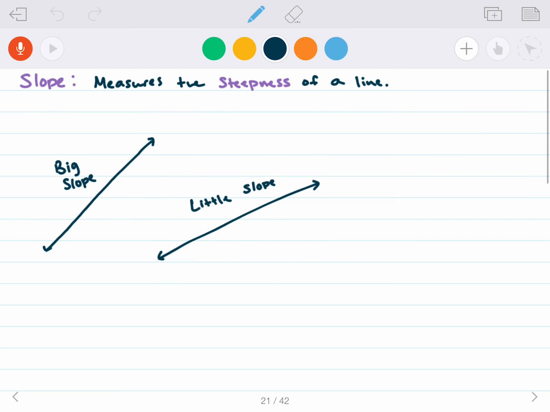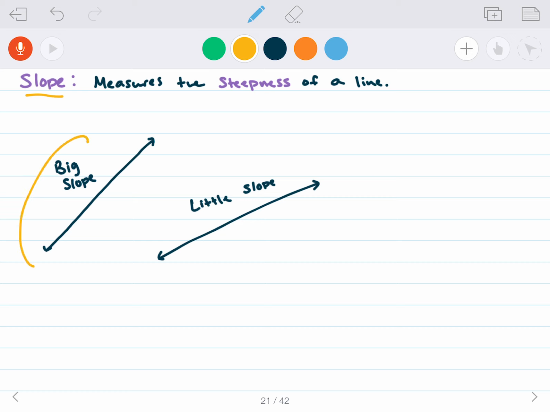So the first thing we're going to talk about is slope. And slope, it's what you think of when you go skiing, or, I've never been skiing, but when you think about people going skiing, you think of them going down slopes, going down mountains. That's how I think about slope. So what slope does mathematically is it measures how steep your line is.